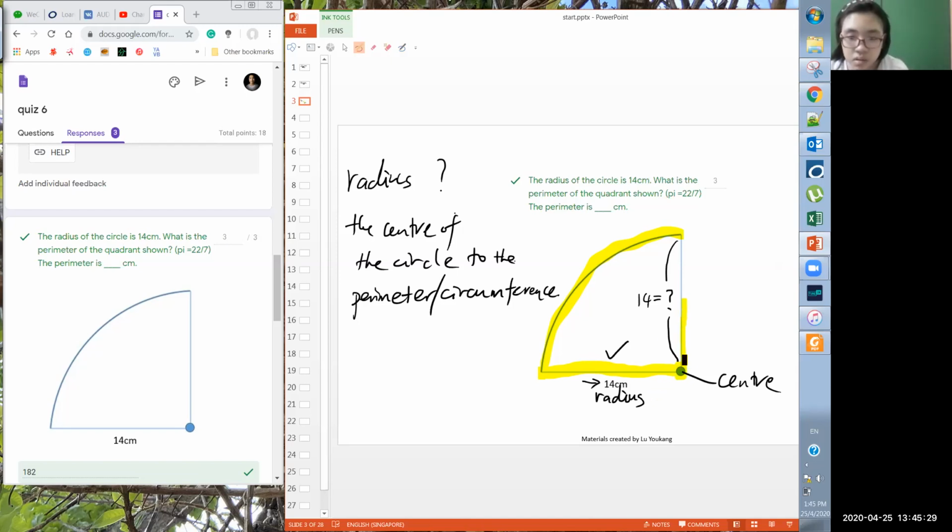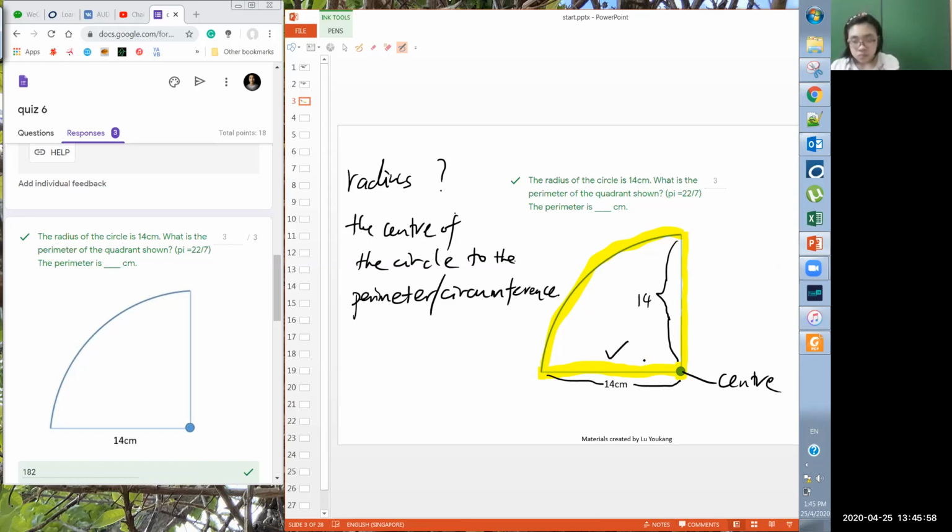Use my definition. Don't use your own definition. The center of the circle to the perimeter. Correct. So that's why you have 14 here. This is 14. This one is also 14.